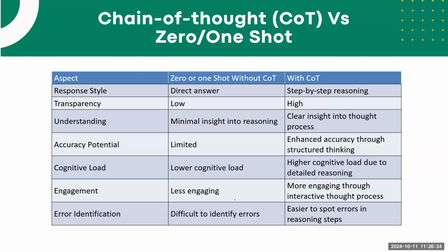Particularly if you're sitting with an AI issue where you're not sure that you're getting the correct answer, it would be better to approach it with a chain of thought approach. Just one thing to bear in mind: chain of thought, depending on the length of the query, is going to use up more tokens.